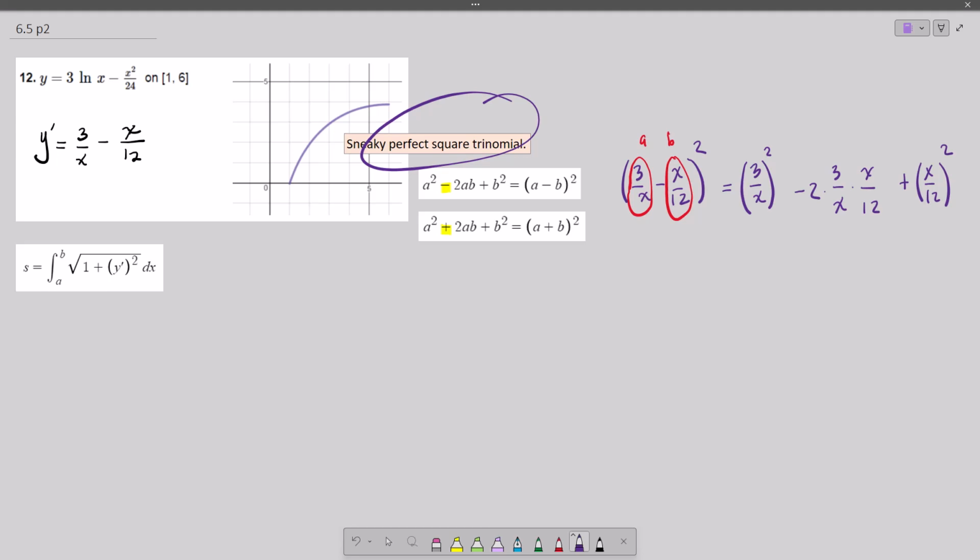So B does not include the minus sign. This minus sign is just separate. B doesn't include it, A doesn't, it's not part of the A or the B.